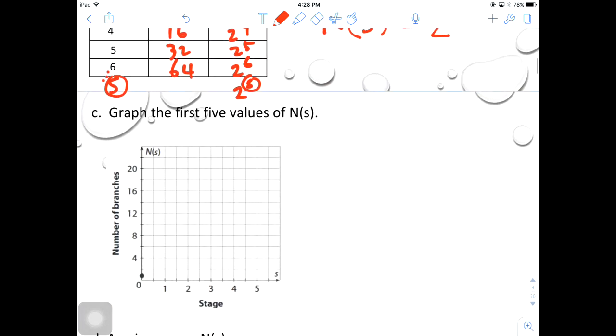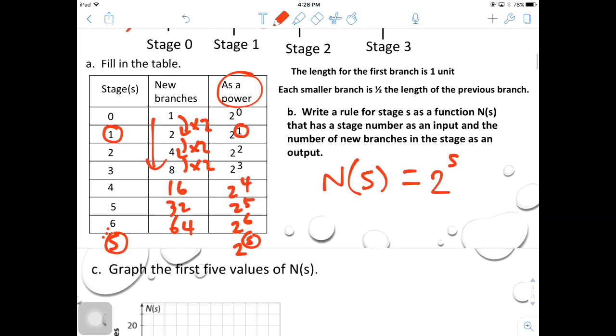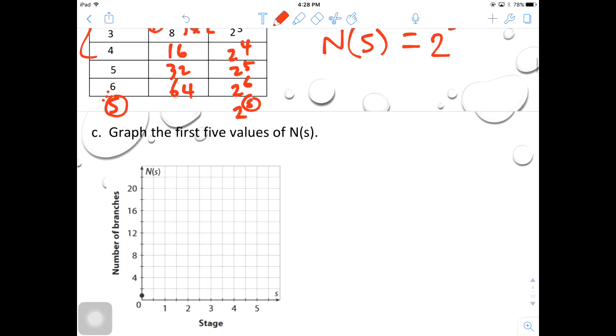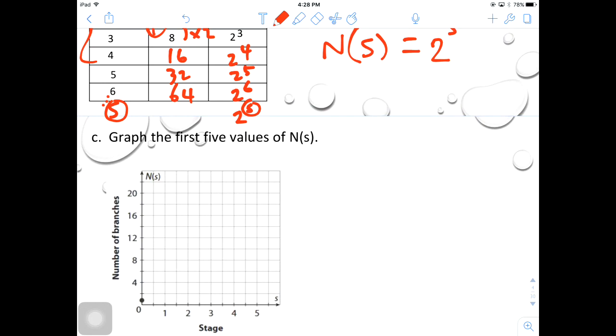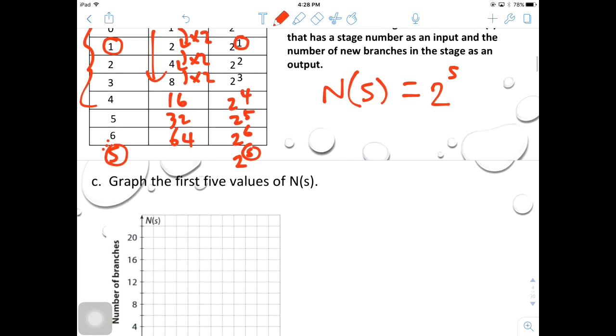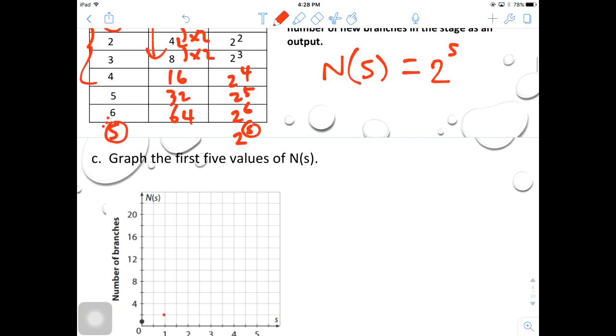Let's take a look at what that looks like in a graph. If we were to graph the first 5 values, from 0 to 4, it will be based on what we already have. 0 is already there. At 1, we're going to have 2. At 2 it is going to be 4. At 3 it is going to be 8. And then at 4 it is going to be 16.